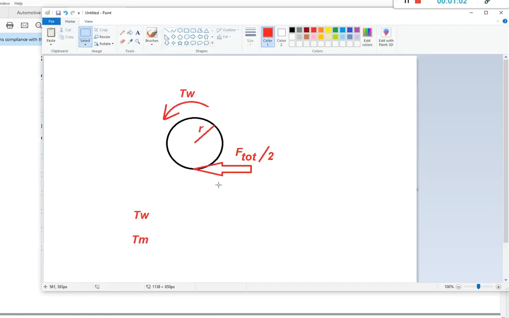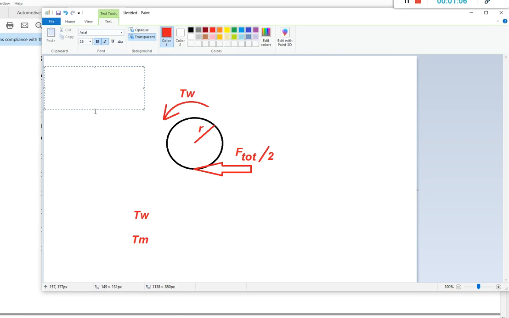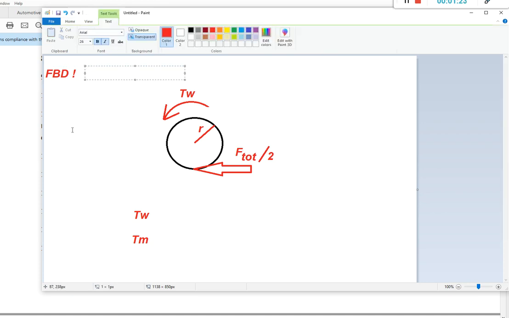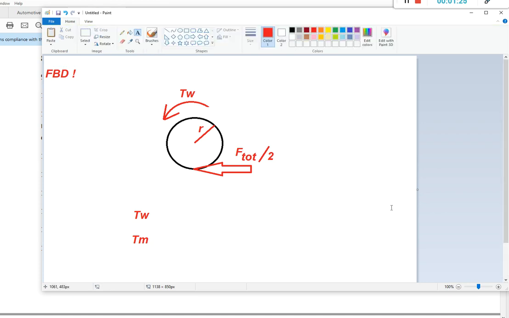Okay. So let's go and look at the question in a bit more detail. I have here a free body diagram. Remember, free body diagram. This is a basic concept in mechanical engineering. If you are hesitant in drawing free body diagrams, then you have a problem solving this type of problems.